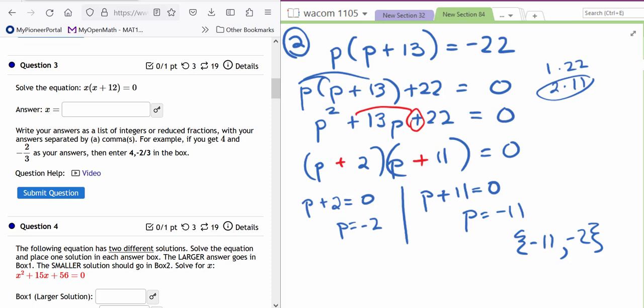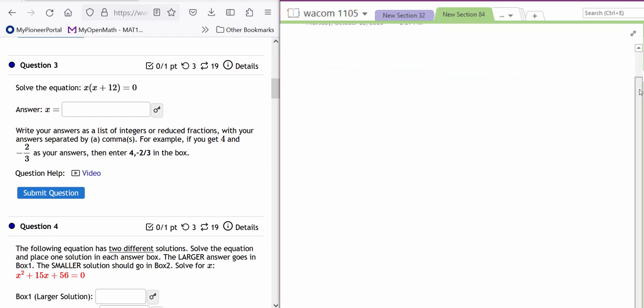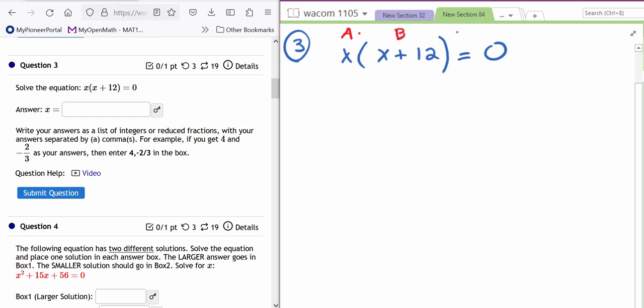All right. This is the kind I was thinking that was. This one is already set up. You have your A, you have your B, and you have your 0. So it's ready to break apart. Set the first one equal to 0, and then we'll set the second one equal to 0.